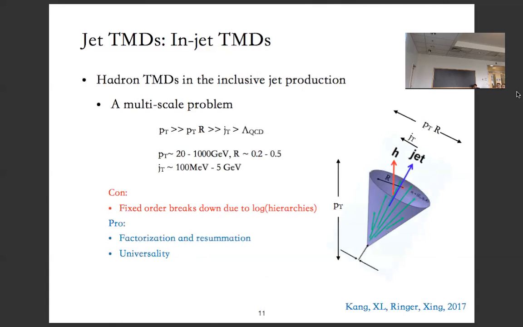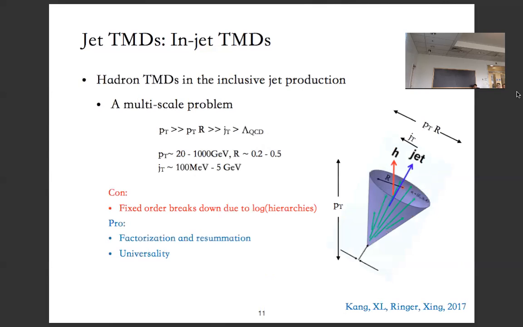Typical scales for pT are roughly 20 to 1000 GeV, and R can be chosen to be 0.2 to 0.5 or even 1. j_T is from 100 MeV to 5 GeV.